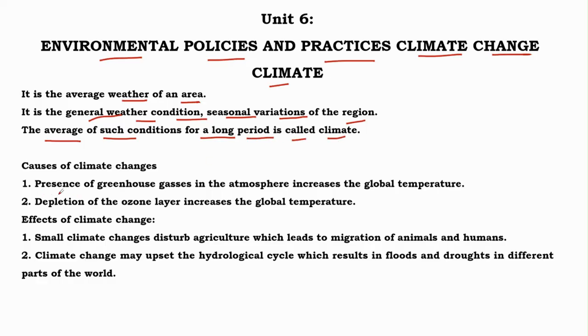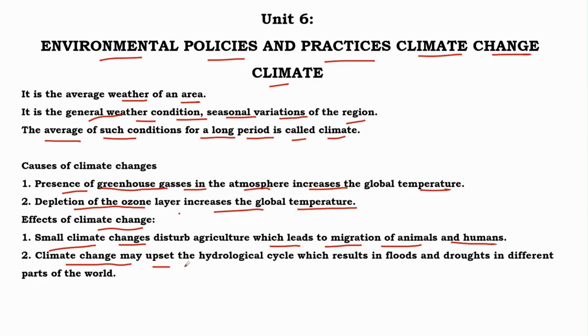Causes are the presence of greenhouse gases in the atmosphere, increasing global temperature, and depletion of the ozone layer. Effects of climate change: changes in agriculture, which lead to the migration of animals and humans.